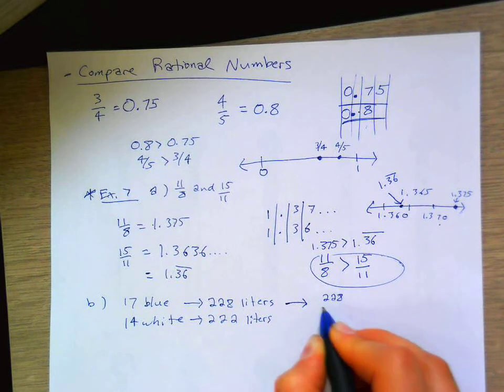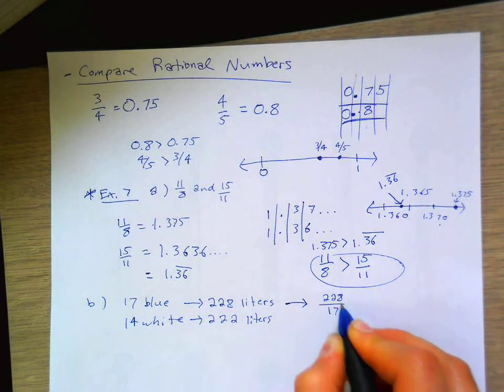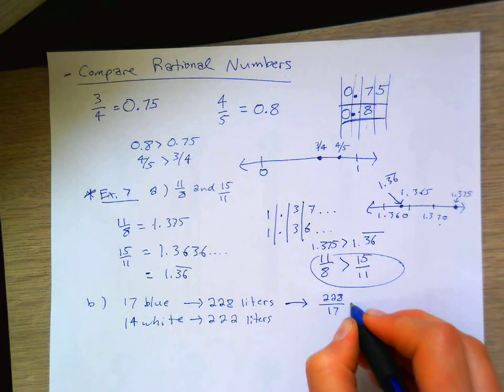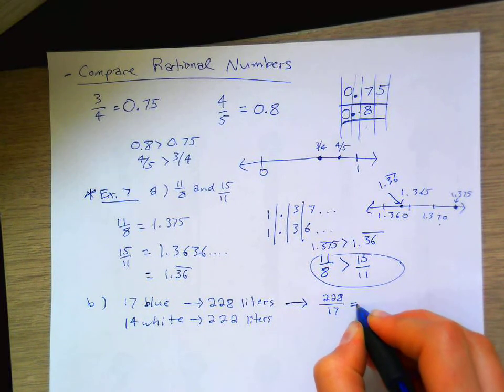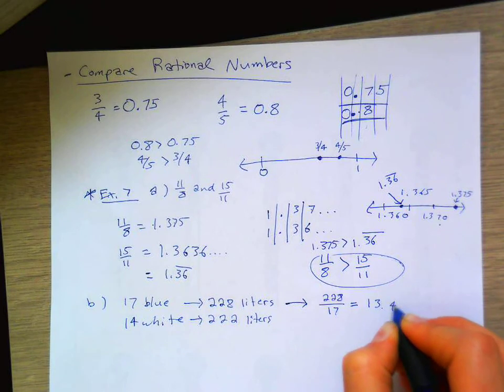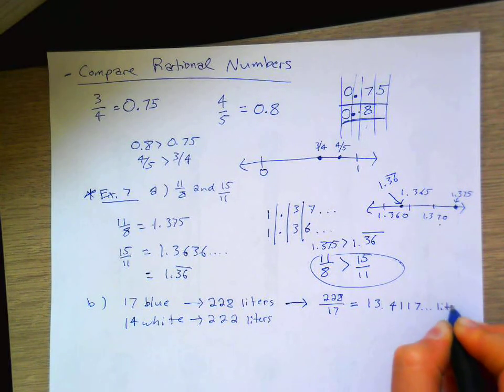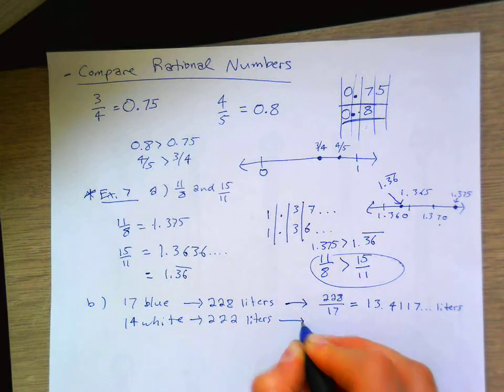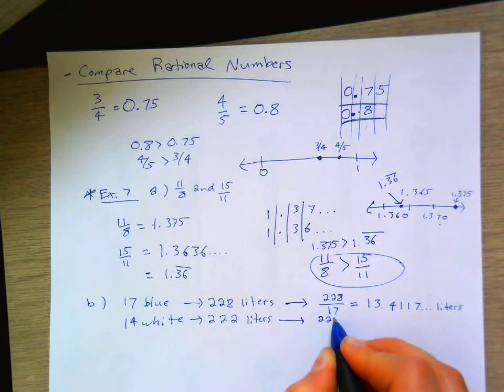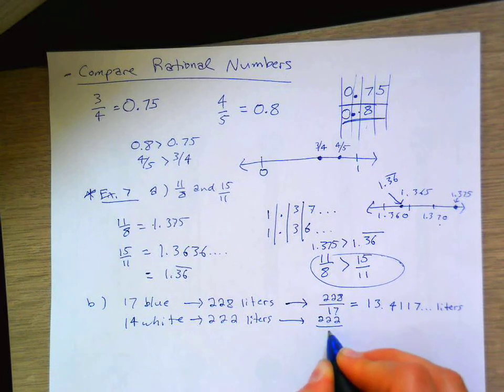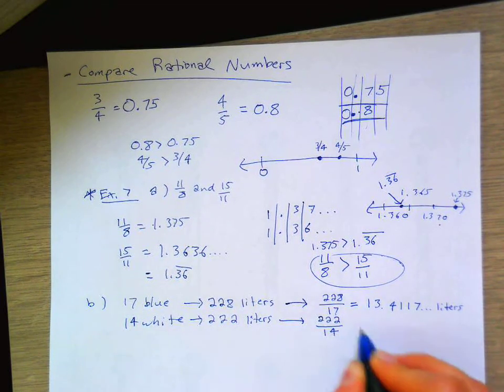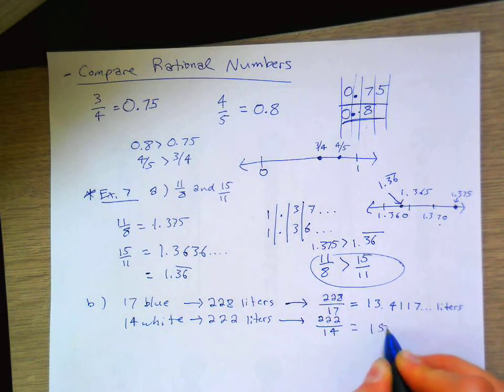And then we can put this into decimal form as 13.4117... liters. Let's do the same thing with the white bottles. 222 liters total divided by 14 white bottles equals 15.8571... liters.